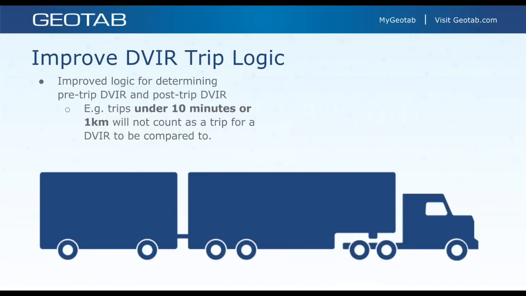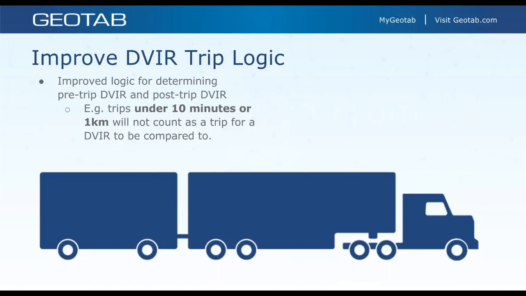We're also tweaking the logic to the DVIR pre and post trip information. So now if you do a short trip, it actually won't count as a trip for the DVIR to be compared to. So we had some cases where you would drive the truck from where it was parked overnight into a shed or a nice heated area for those who are driving around in the winter, and do a DVIR in that nice heated area.